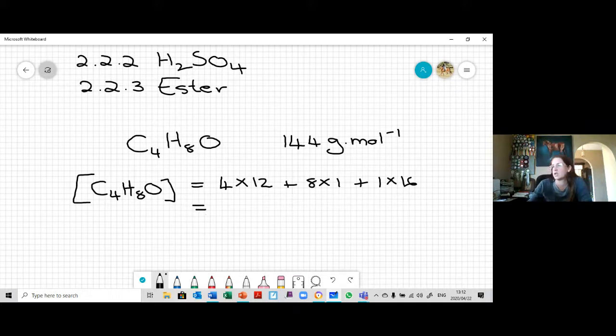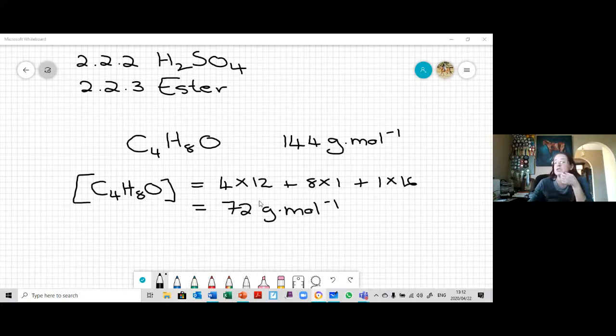I'm just checking if you guys have other questions while I grab my calculator. Okay, so I get that this molecular mass here is 72 grams per mole. Okay, now the molecular formula is always a whole multiple of the empirical formula.